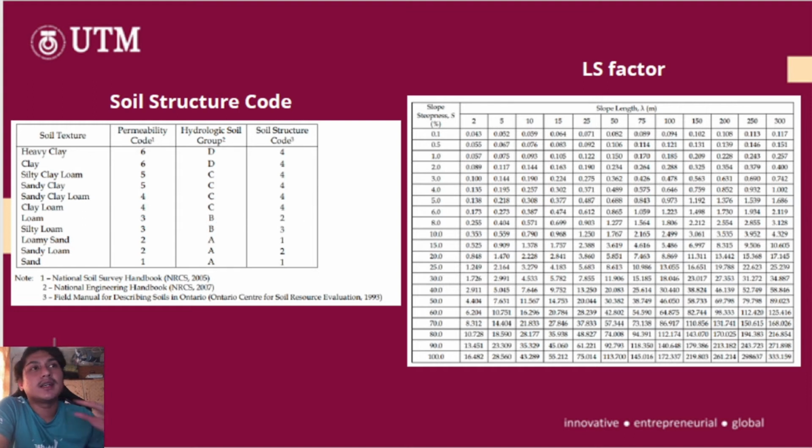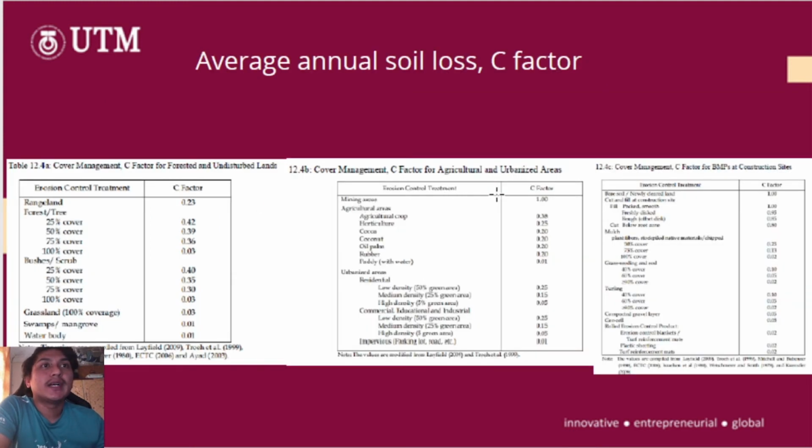At the right side is the table to obtain the LS factor. The LS factor depends on the slope length and the slope steepness. By using these two measurements, we can obtain the LS factor. We can continue to get the average annual soil loss C factor.